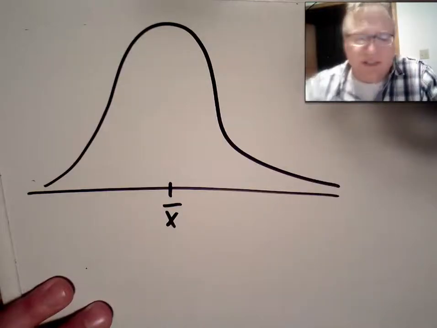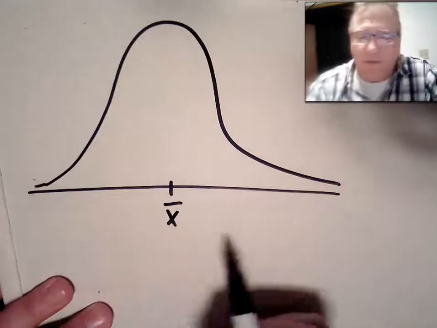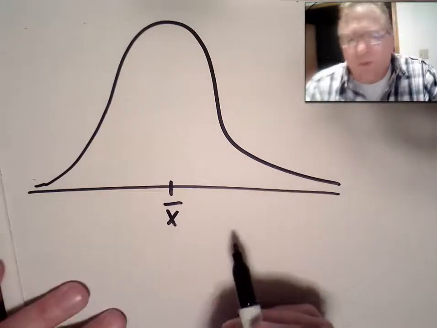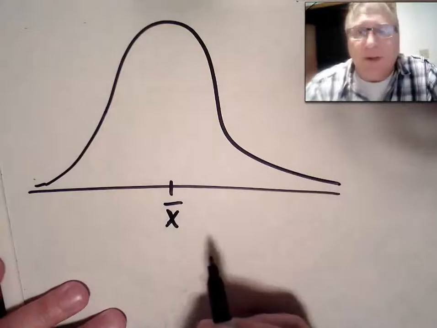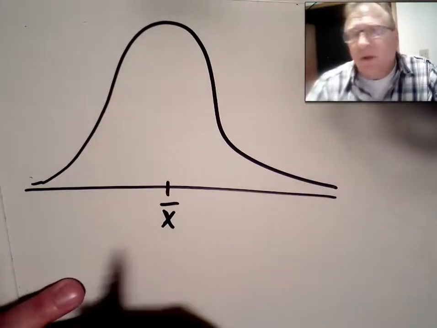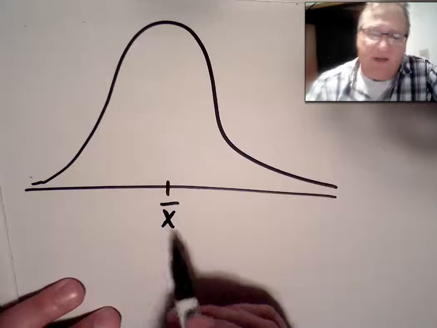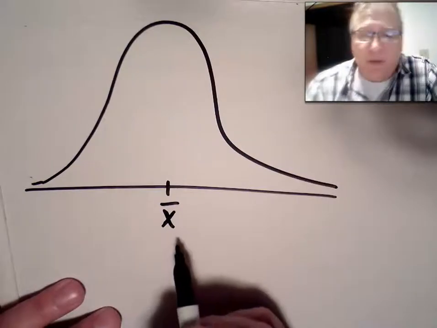Here's the idea on confidence intervals. We are going to draw values from a population. We are drawing a sample. And from that sample, we can calculate a sample mean. We can also calculate a sample standard deviation.